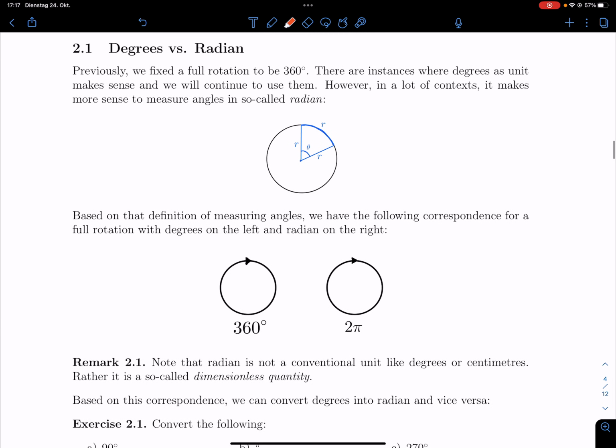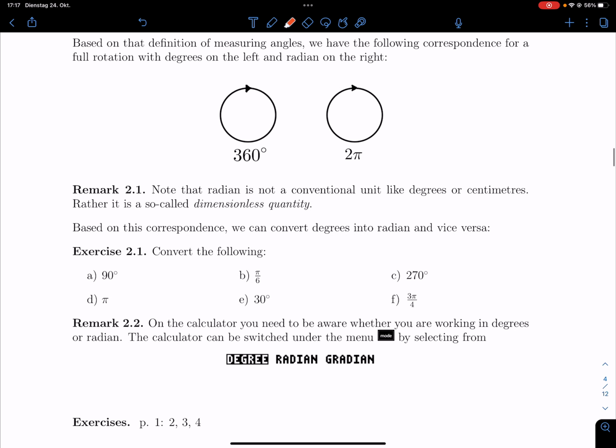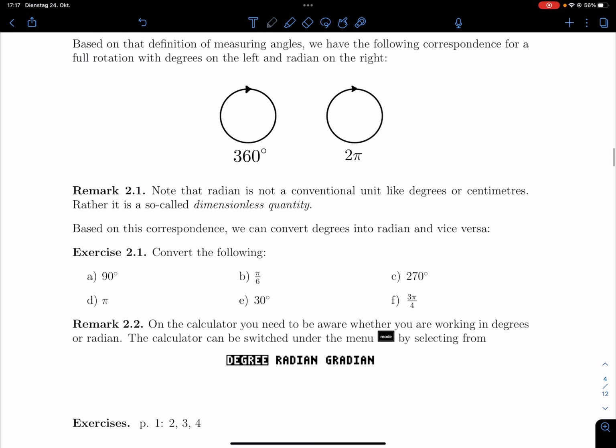So this we discussed here. I'm going to come to the definition of radian in a moment. First, I want to make this transition that here, if you fix the radius to be 1, and you say, okay, a radius of 1 gives me my circle where I measure the angles.